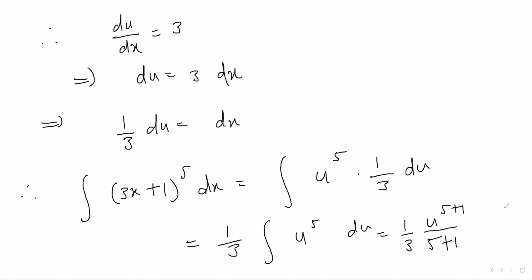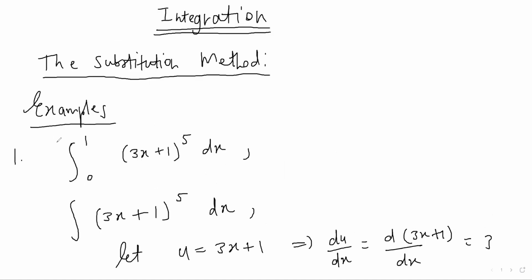Now, if you're evaluating an indefinite integral, usually you put a plus c. But since this indefinite integral is a means to an end to evaluate a definite integral, you do not put the plus c.